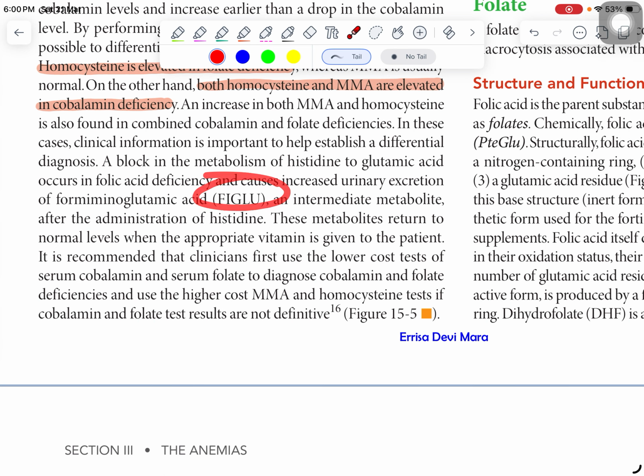That is FIGLU, an intermediate metabolite.